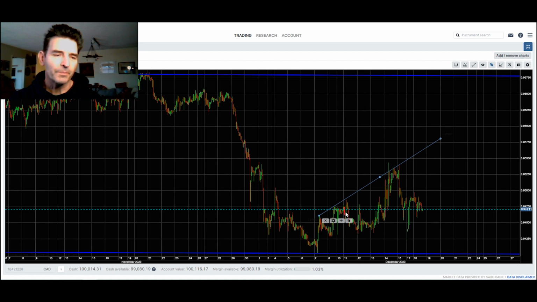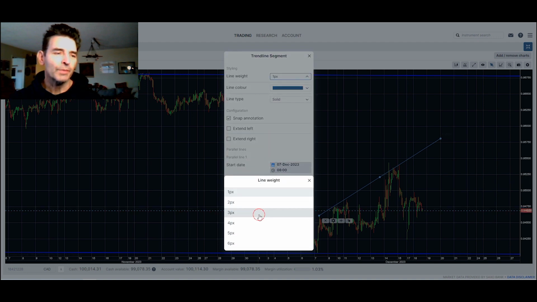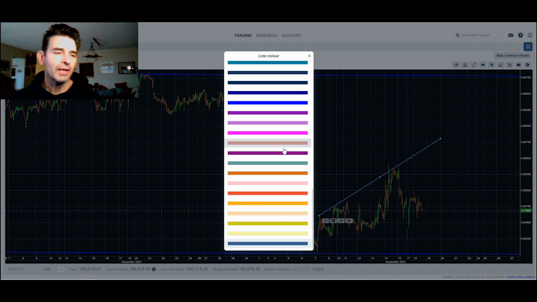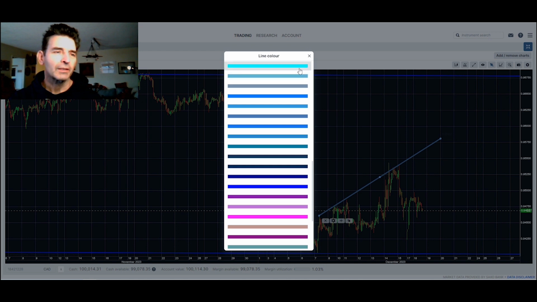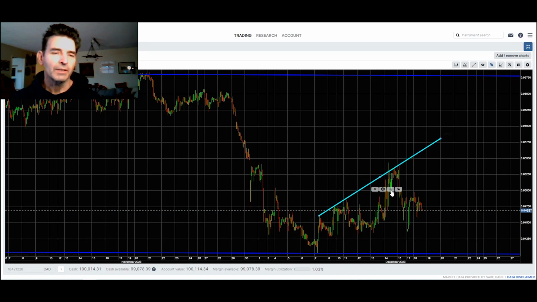That's kind of our upper resistance line. Let's go 3 pixels on that, and turquoise for wave 3. Duplicate that and bring that not down to there, but down to here. We kind of see that, but it's broken through this point already, so we'd have to expand that wave 3.